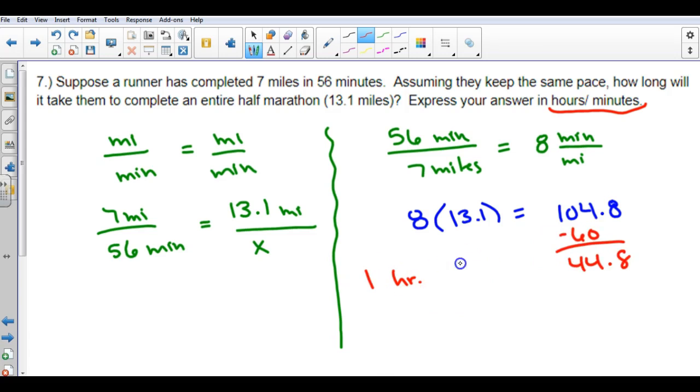So it's going to take 1 hour and about 44.8, or you could say 45 minutes. If I were to do it this way, notice I would end up taking 13.1, and if you cross multiply, which is how we solve a proportion, I would multiply that by 56 and divide by 7, and I would still end up with x being equal to 104.8.